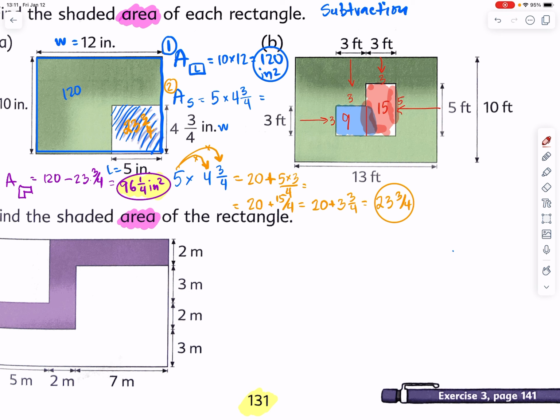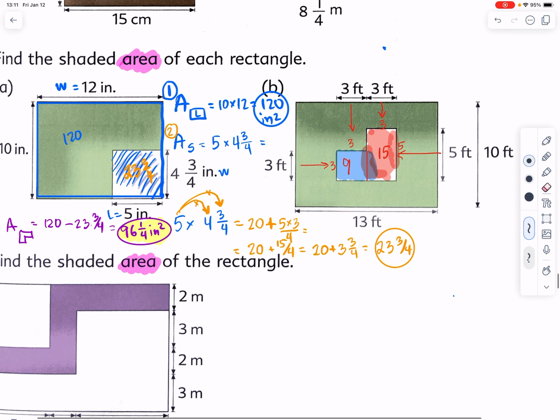So all we need to do is step 1. Again, we're going to break it into individual steps. Step 1, find the area of the entire shape.